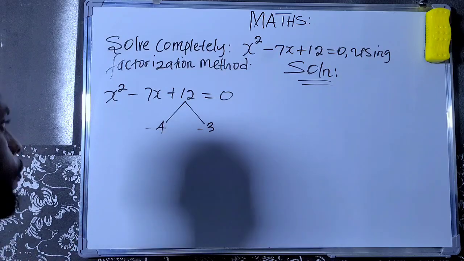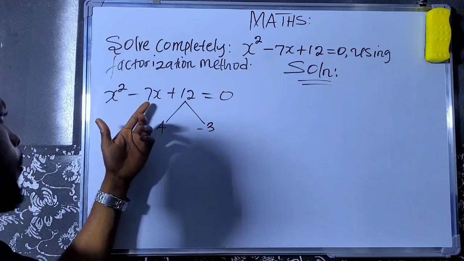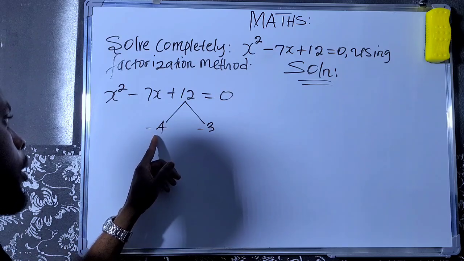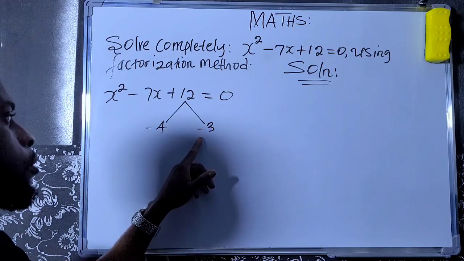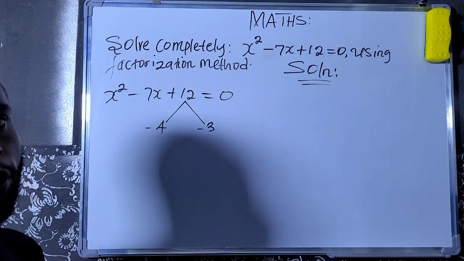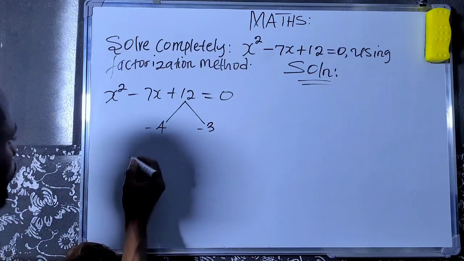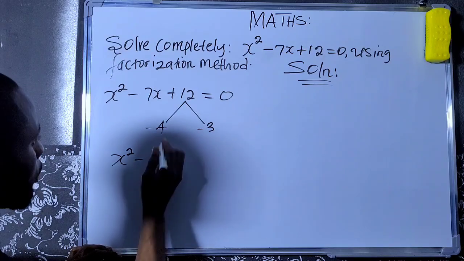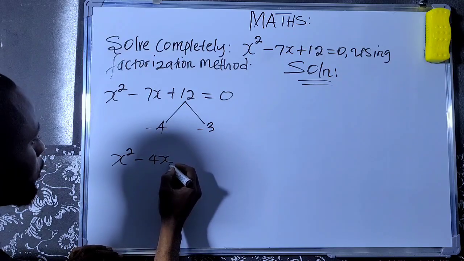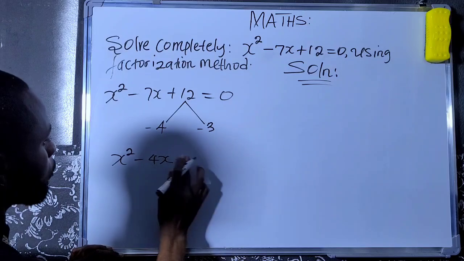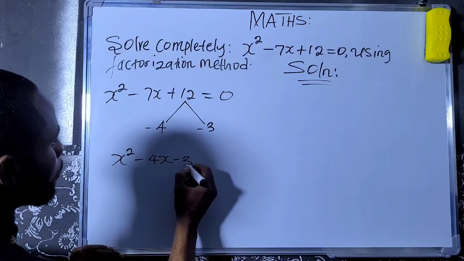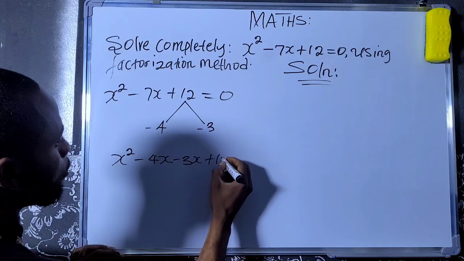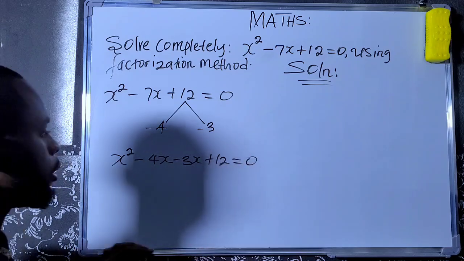In that case, we are going to replace minus 7 with the sum of minus 3 and minus 4. Then the equation becomes x squared minus 4x minus 3x plus 12 equals 0.